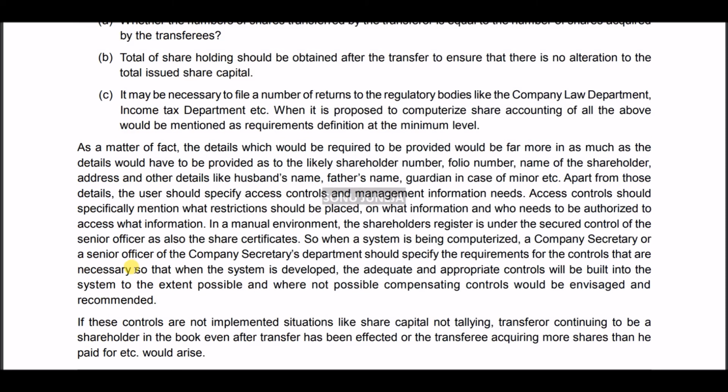So while you are creating the system, you need to make sure that the security and integrity of the data which is required to be maintained is developed along with the software, with respect to the details required to be entered and the data required to be maintained, which is practical manually, but where it has to be computerized and in a mechanical way has to be in alignment.